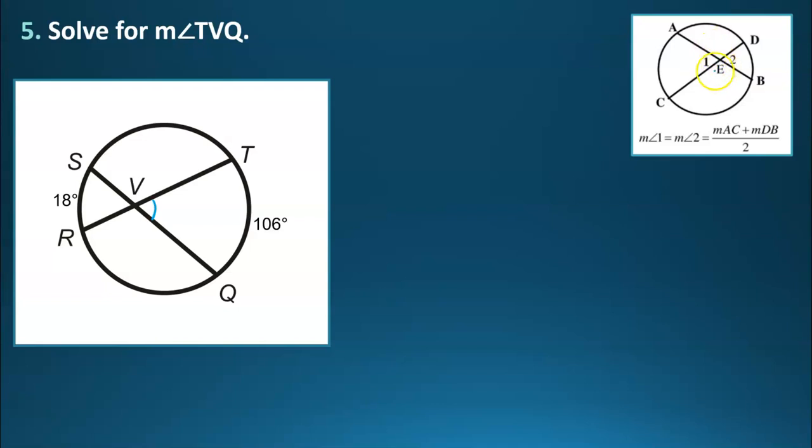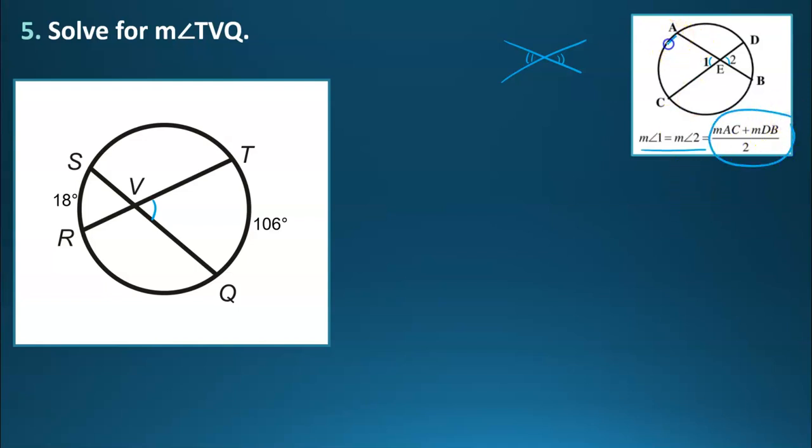So what this says is that if I'm looking for either of these two angles, 1 or 2, now first of all, notice that those are a vertical angle pair. So they're congruent. So I could be asked for either angle 1 or angle 2, and they're going to have the same measure. So that's what we're seeing here. It's saying measure of angle 1 is equal to measure of angle 2.